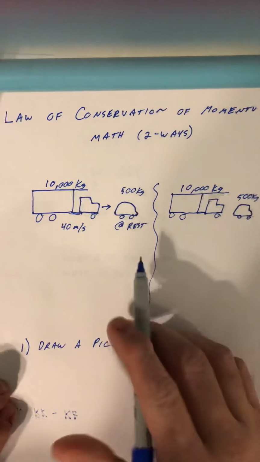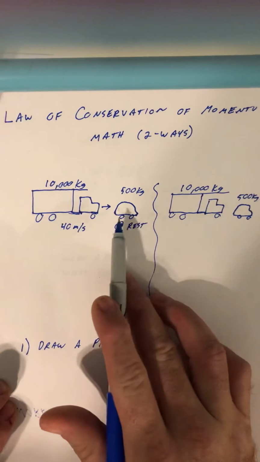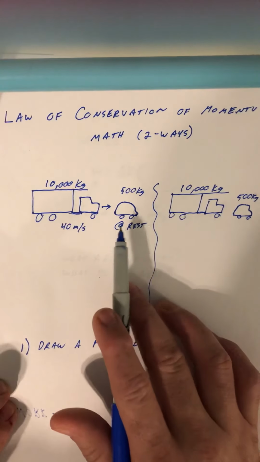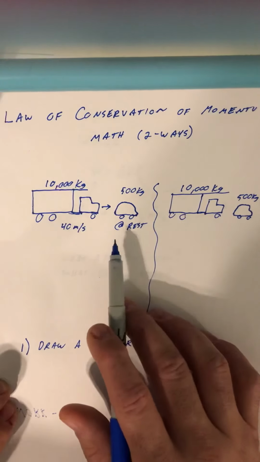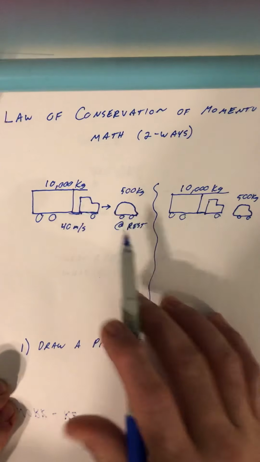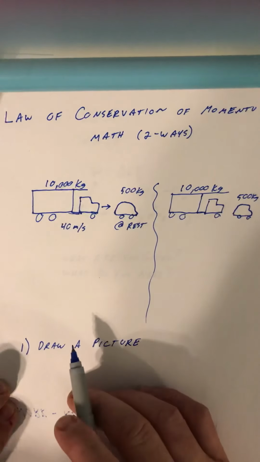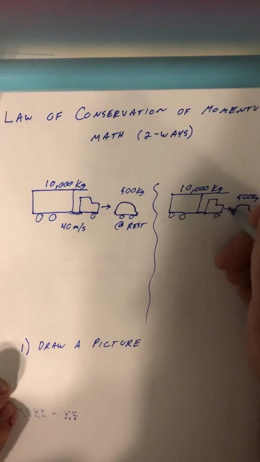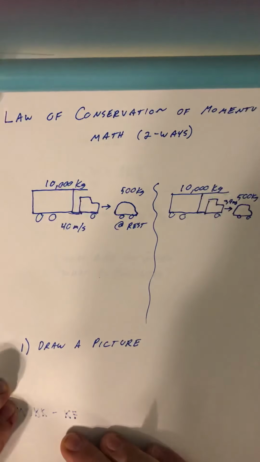Granted, you might have a different problem where the two things stick together, or you have two things together and they blast apart. But in general, you're going to have your two objects before the collision and your two objects after the collision. And, oh, hey, we might as well finish setting this up. He's going 39 meters per second after the crash.